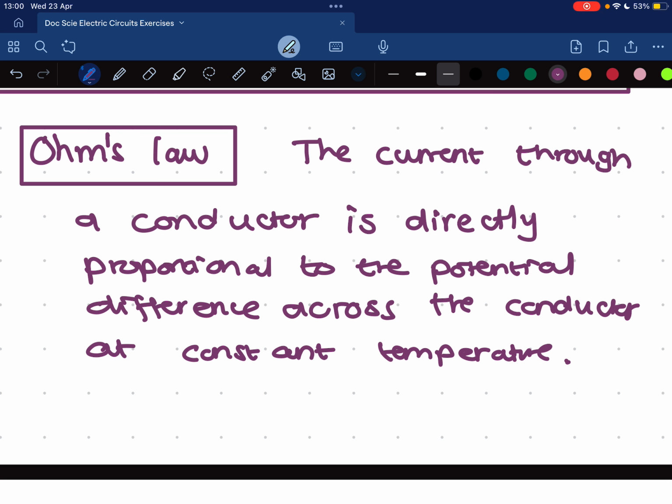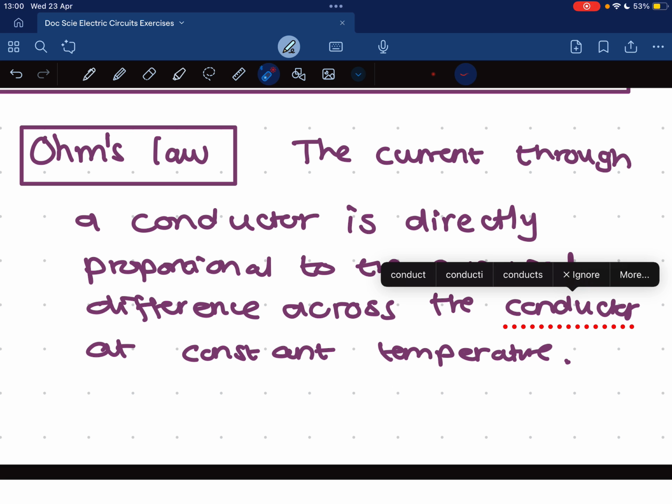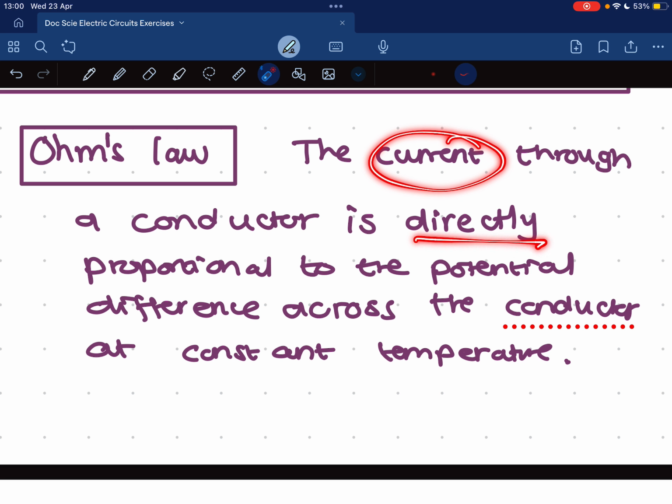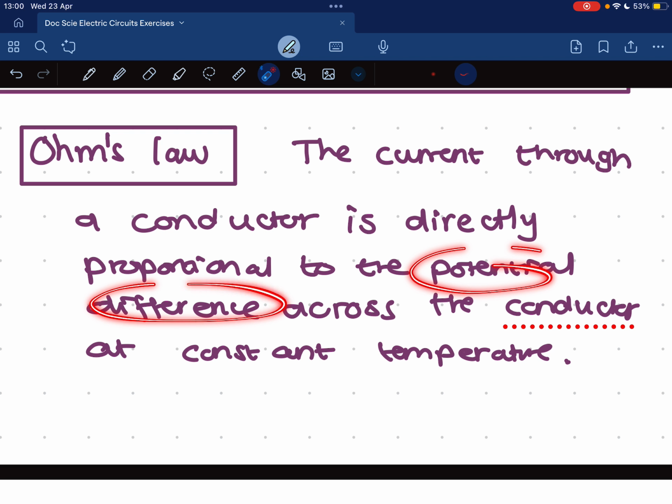It's very important that you are able to recite this word for word. We say that the current through the conductor, not the current across the conductor. That doesn't make sense, you get it wrong. So it's the current that flows through a conductor, which is directly proportional to the potential difference across the conductor. And it's important that you get the order right. It's the current that is directly proportional to the potential difference.